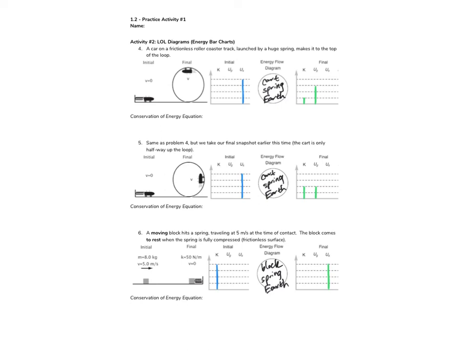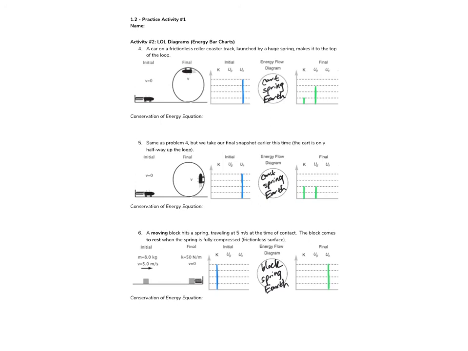Okay, notice how the energy changed accounts within this block, spring, earth system. That's really key, and you're kind of seeing this in all of these. Objects within systems can transfer energy to different objects, but that does not change the amount of energy you have in that system. Okay?